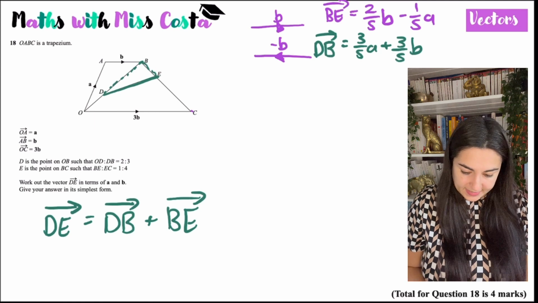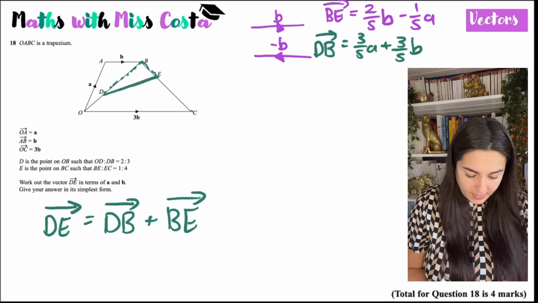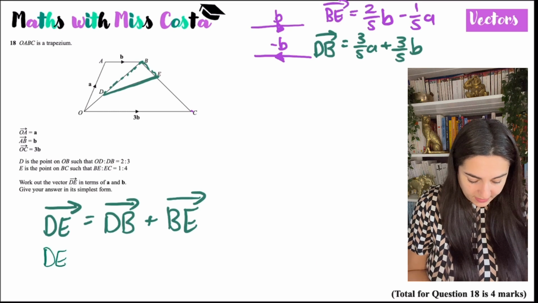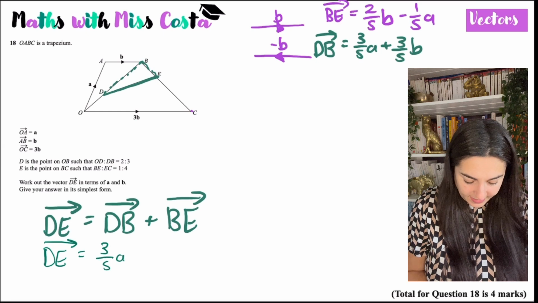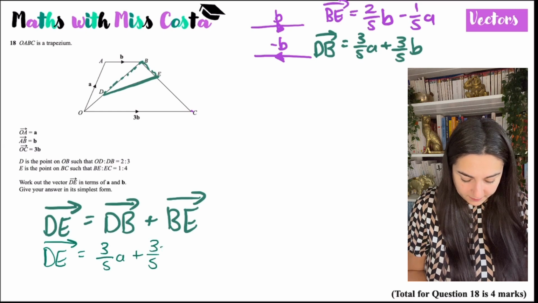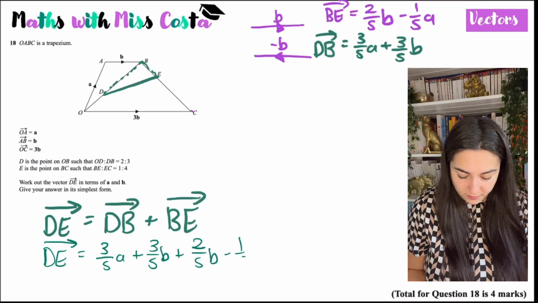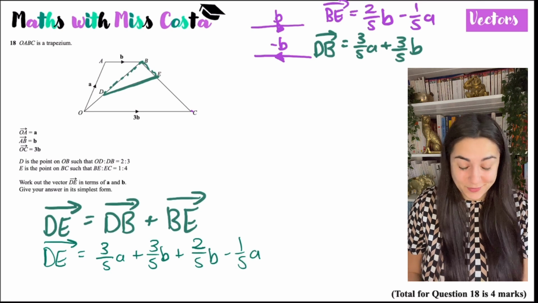So D to E is DB plus BE, and that would be, so DB is 3/5 A plus 3/5 B, and BE is 2/5 B take 1/5 A. So this is why I said fractions are really important.